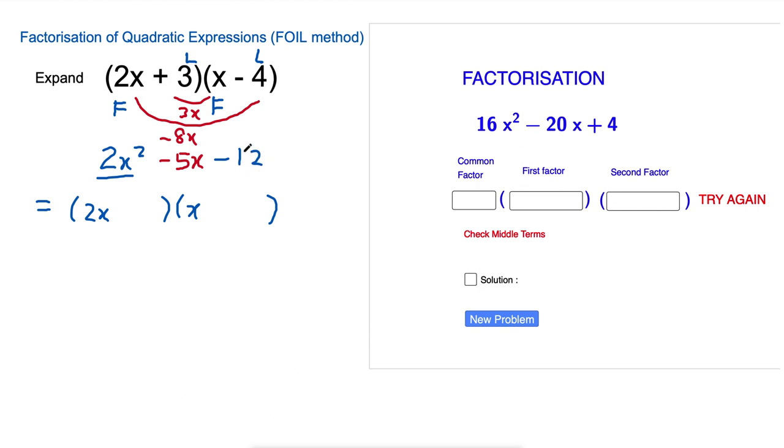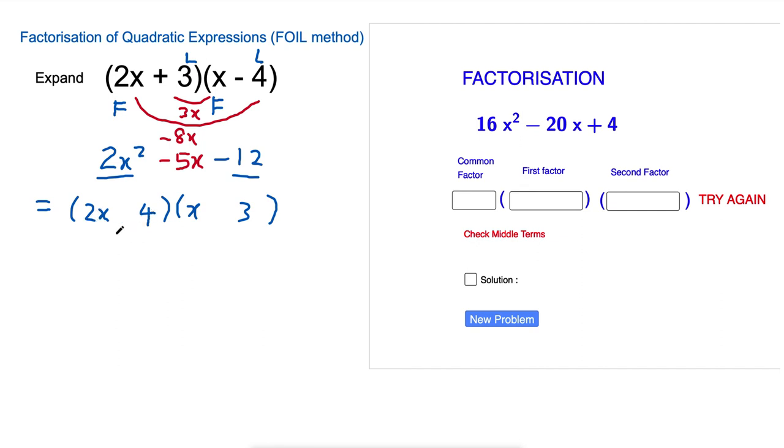Now, next we look at the factors of the last term. The factors of the last term are 3 times 4. It can also be 2 times 6. But let us start with 3 times 4. Suppose we put the 4 here. Now, if this is 4, then there will be a common factor of 2.